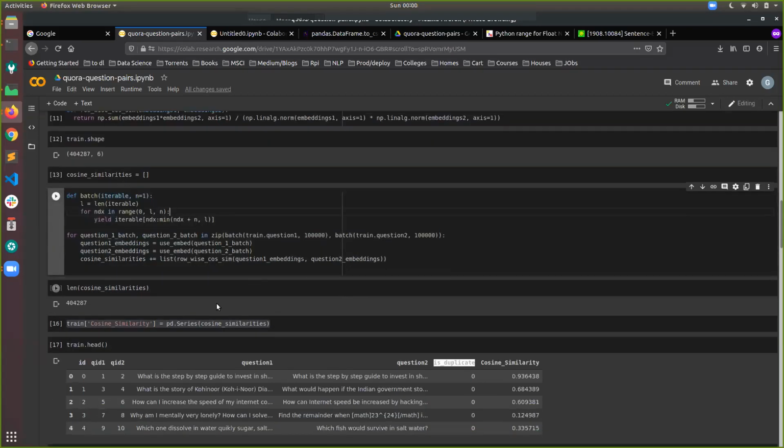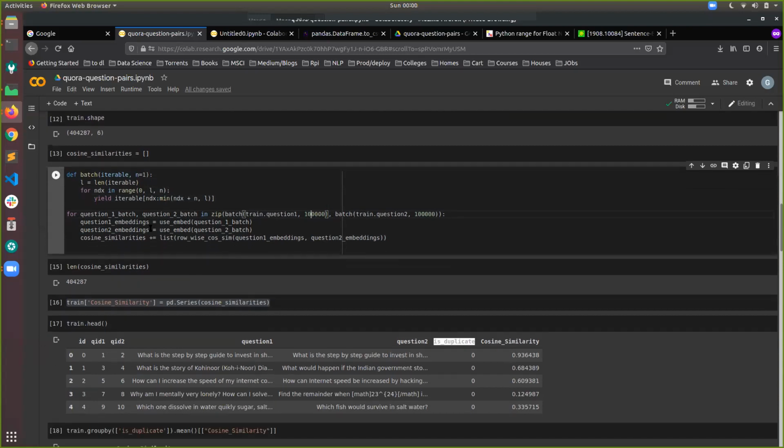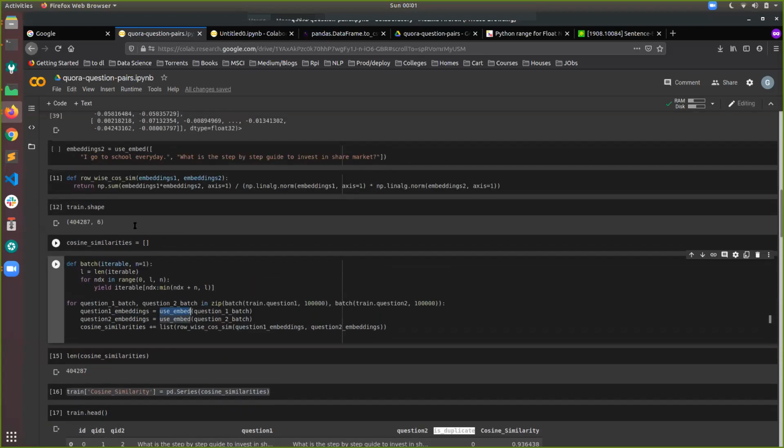And then I iterated through the data set 100,000 at a time, since it was too huge and the RAM was getting filled up. So I batched through it and took the embeddings of question 1 batch wise. This is the function that gives me the embeddings.